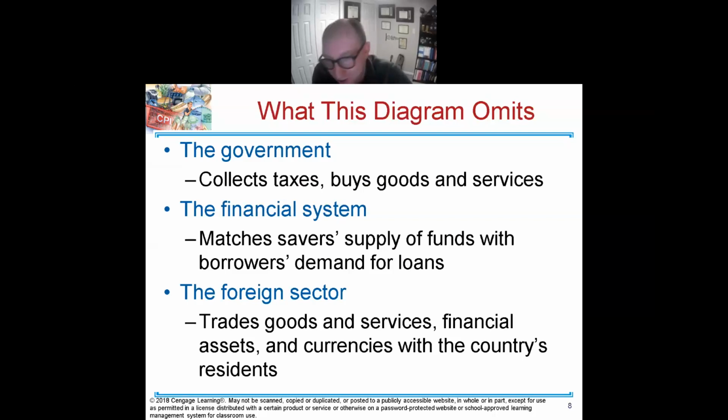When you buy the goods and services, you got to pay sales tax. When you get your paycheck, you got to pay your taxes. So taxes are being collected on both parts of that diagram. It's just not represented there, but it's happening. We know that. So the government is omitted from the diagram.